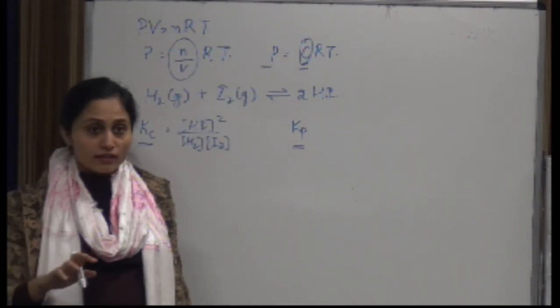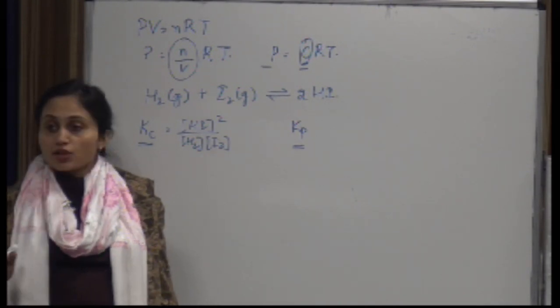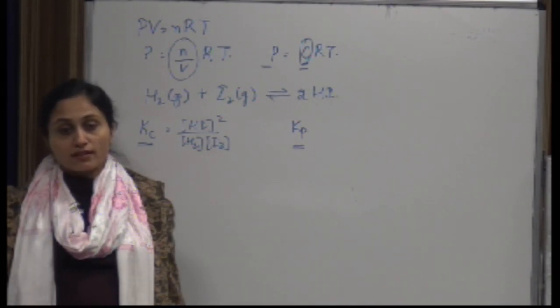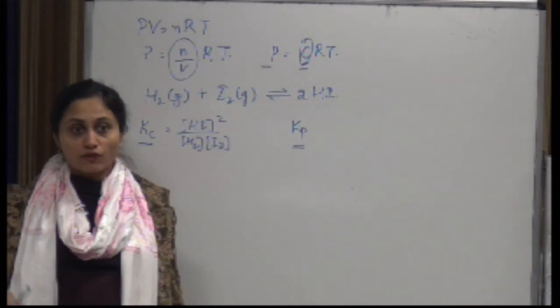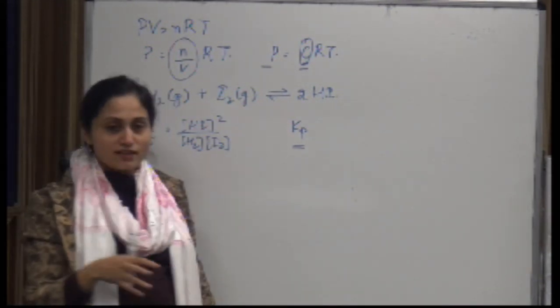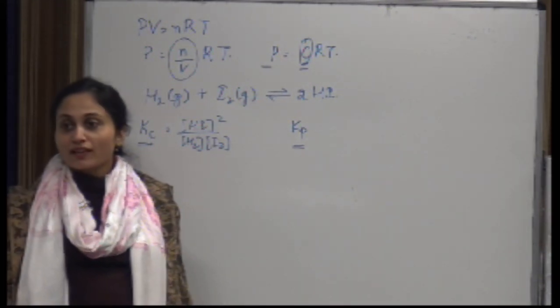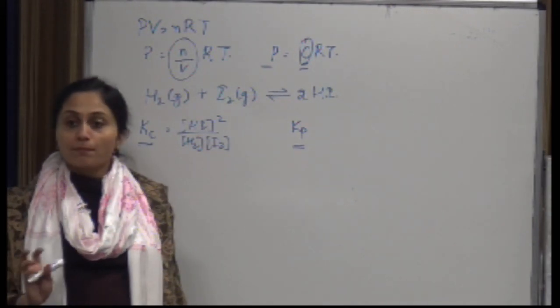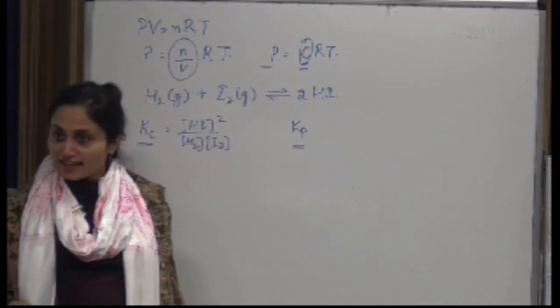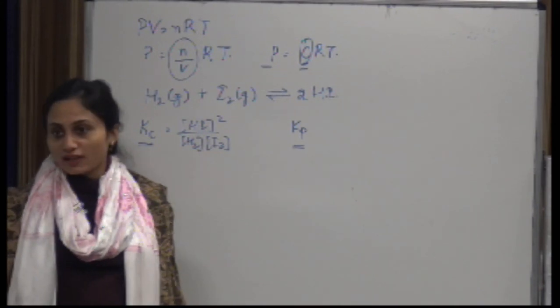Kp will be the product of the pressures of the products upon the product of the pressures of the reactants, each raised to their respective stoichiometric coefficient.